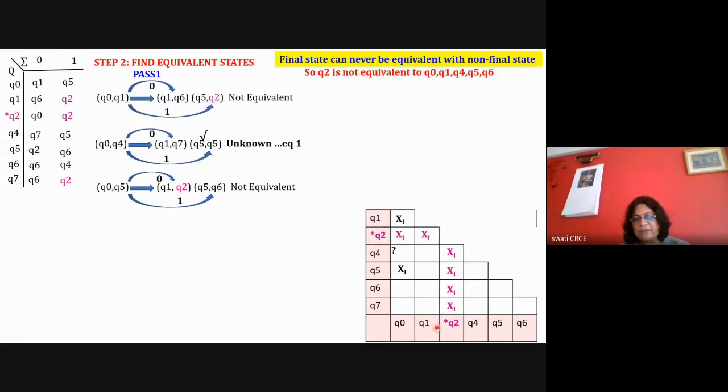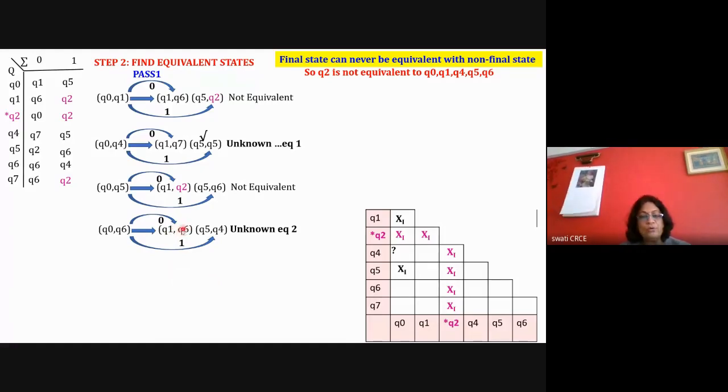Now take the next pair Q0, Q6. So I'll take Q0, Q6 with 0. The next pair is Q1, Q6 and Q4, Q5. Okay, so I'll check whether Q1 and Q6 are equivalent. That is not done right now. And Q4, Q5 is also not done right now. So it is unknown.